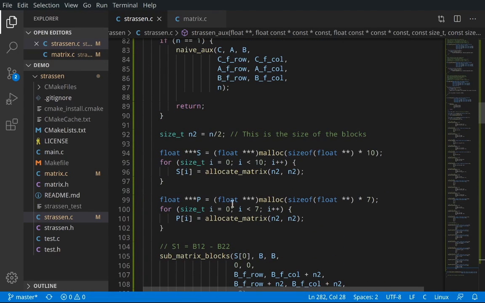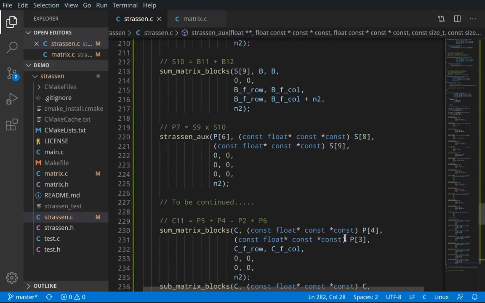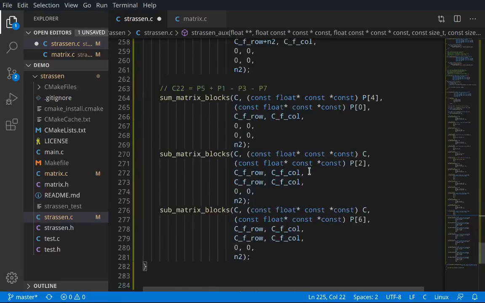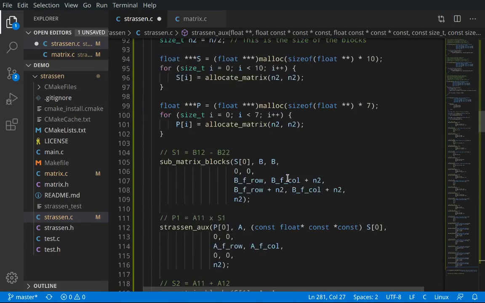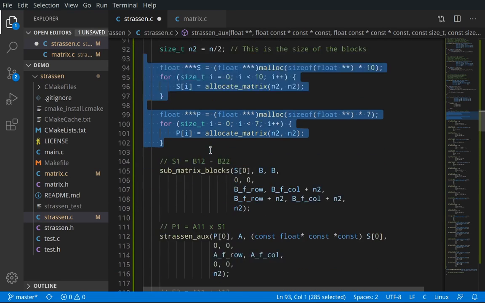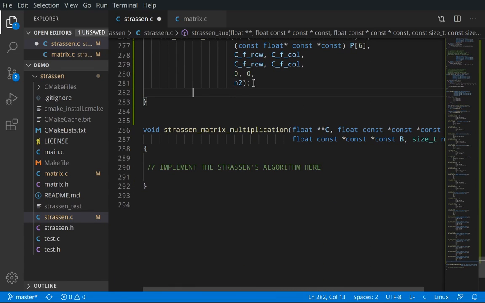So as you see here, we allocated matrices, and we also allocated the arrays referring to the matrices. So we need to deallocate all this stuff, otherwise it would be a memory leak. So let me remove this to be continued, and let me copy it. Again, I'm lazy, so I don't want to waste my life remembering what's going on up there.